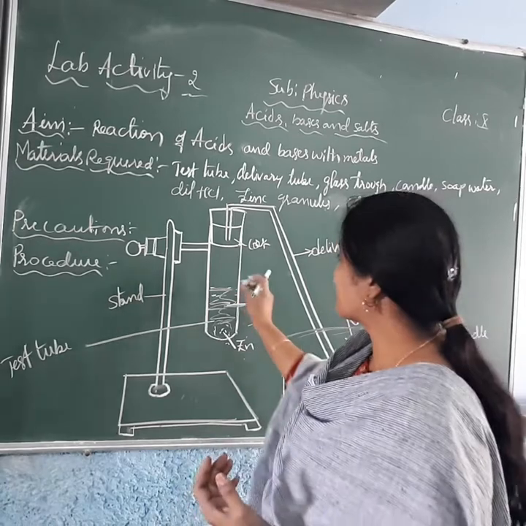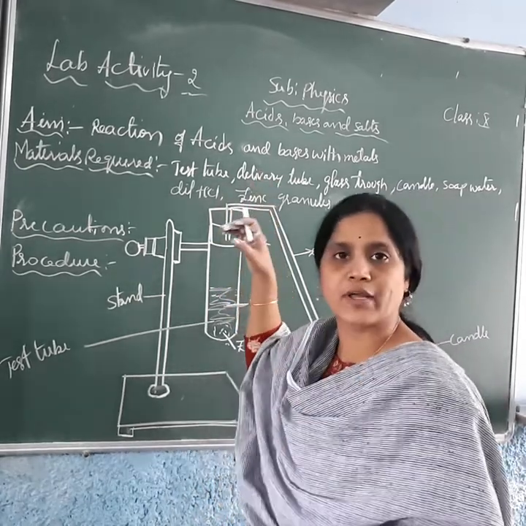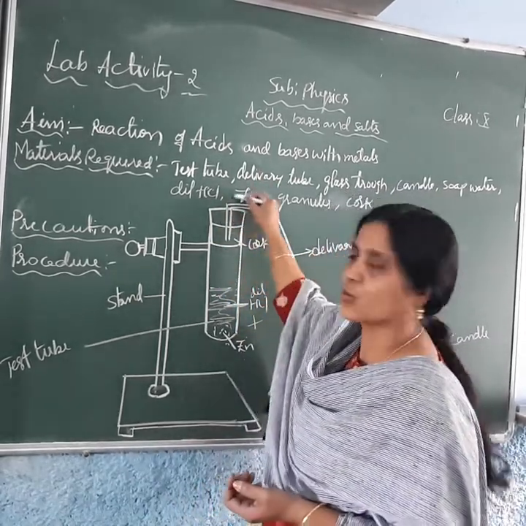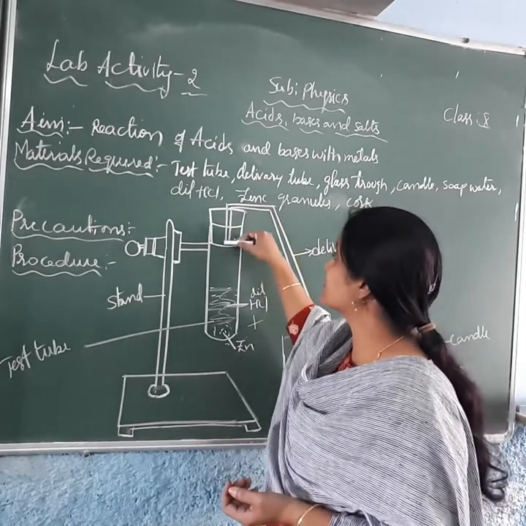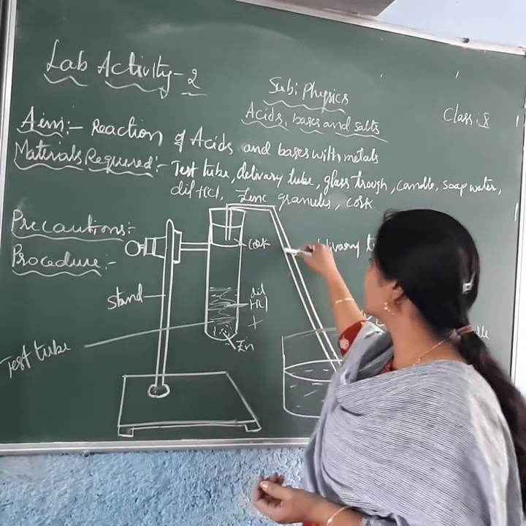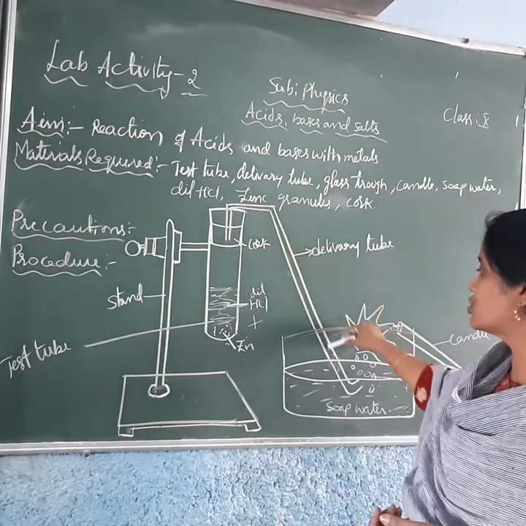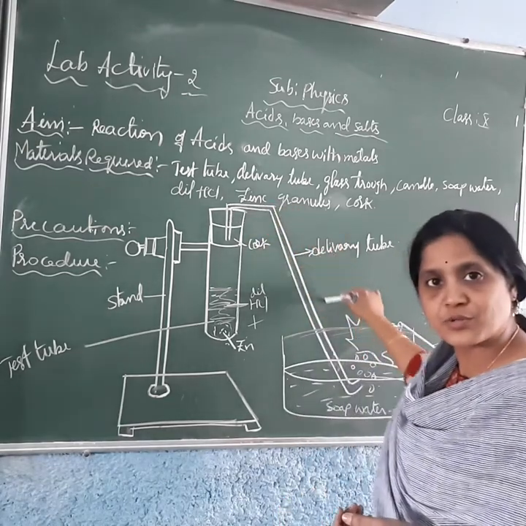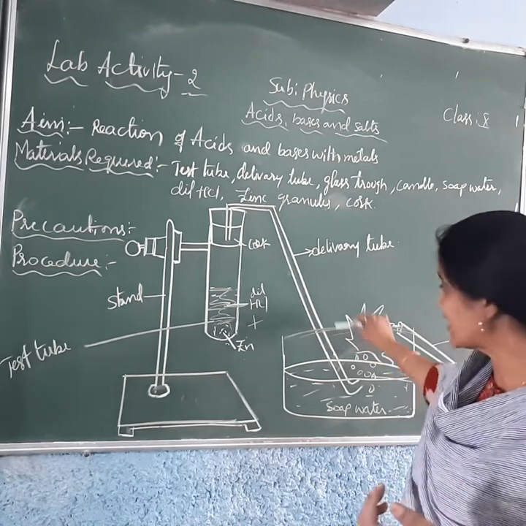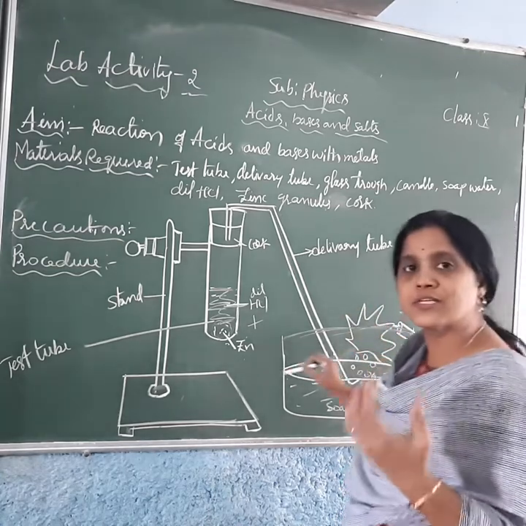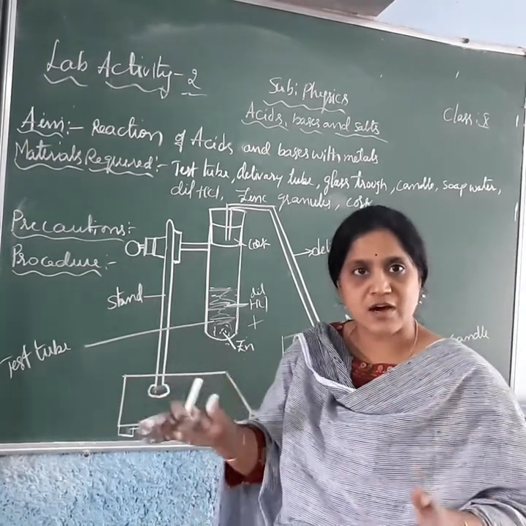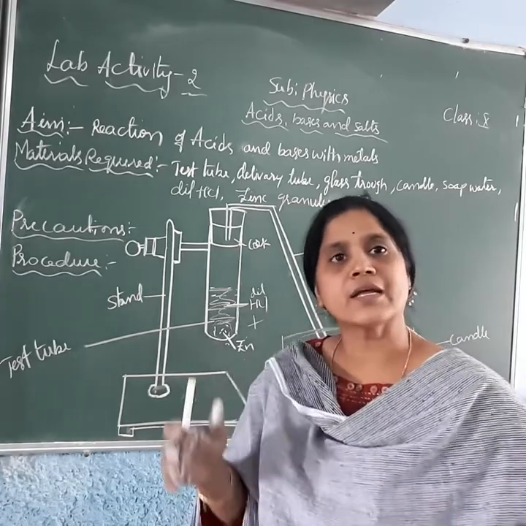Then some gases are evolving. Whatever gases are evolving, they pass through the delivery tube. At the end of this delivery tube, you must keep one trough containing soap water.